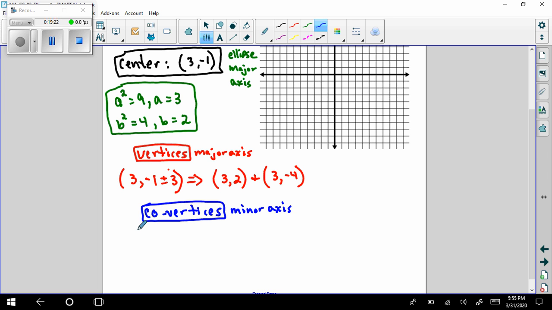My co-vertices are at 3 plus or minus 2, comma -1. So my center is staying the same as far as the y value. My co-vertices are going to give me the endpoints of my minor axis. So I have 3 plus 2, which is 5, -1, and 3 minus 2, which is 1, -1.